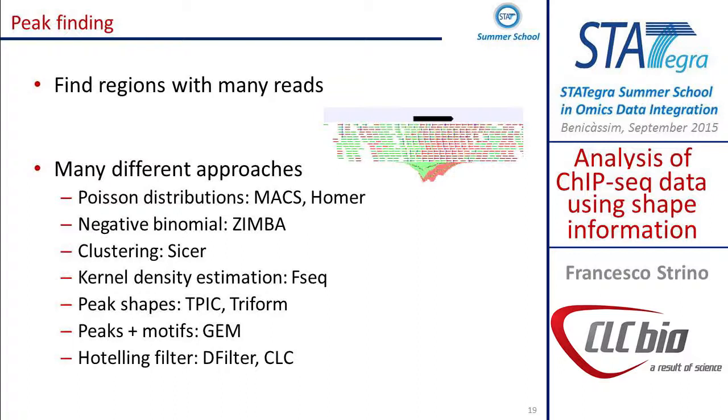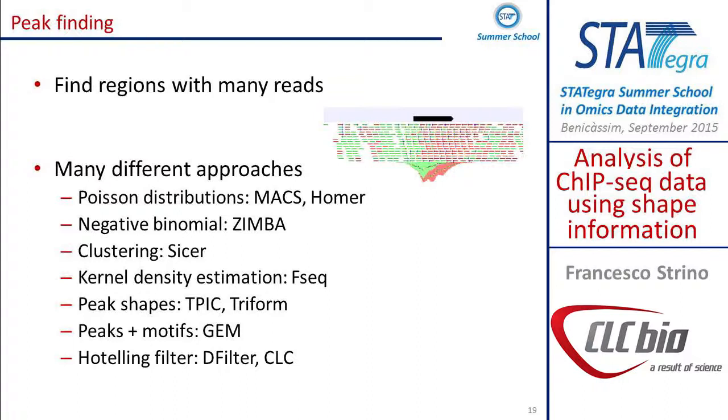As far as I know, there are about 30-40 algorithms, and there are different ways to model it. You can, for example, model the reads as a Poisson, or use a negative binomial, or use some type of clustering approach. You can have a kernel density estimation, where you slide a window and see how many reads you have in the window.